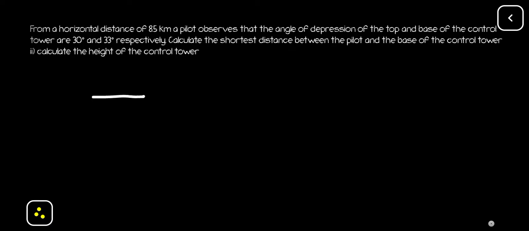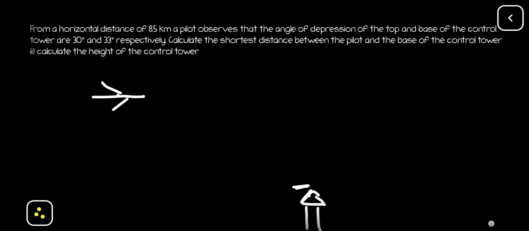So we can say the pilot is somewhere here, and then the control tower we do not know yet, but let's assume that the control tower should be downward here. Okay, so the height and base, the top and base. So this is the top, and this should be the base.